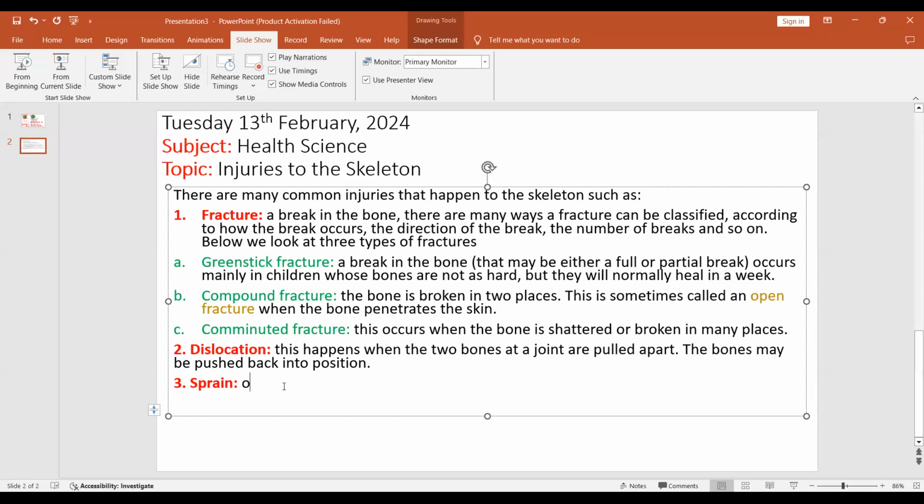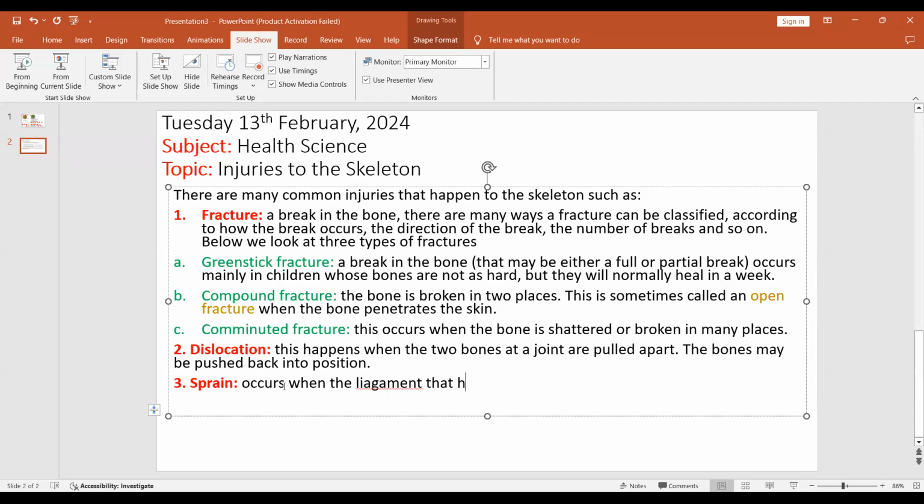Tendons. Very good. Let's try this again. Ligaments join what? Bone to bone. And tendons join bone to muscle. Good.